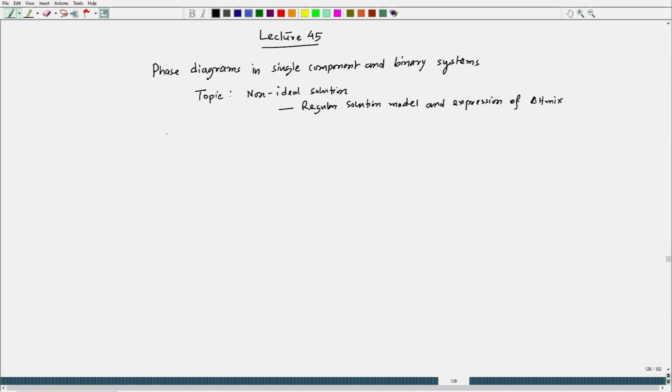And we have also seen this positive as well as negative deviation does not mean that the value becomes negative. Rather, we deviate from that straight line variation of activity with mole fraction, either we go downwards or we go upward. Okay.